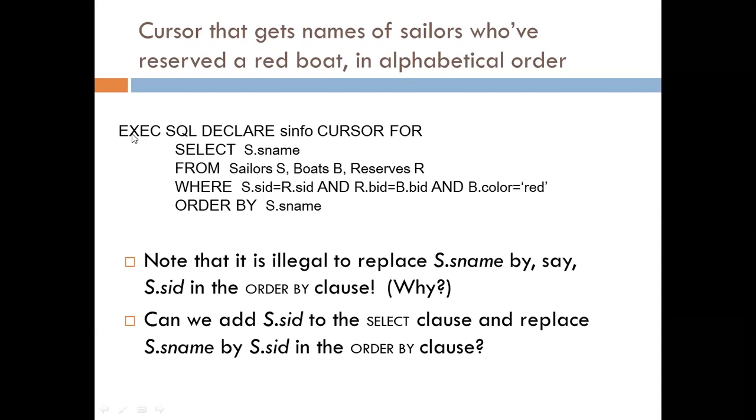But the command here is exec SQL declare, sinfo is the name of the cursor, keyword cursor for this particular query. So select name of the sailor from sailors, boat reserves. These are the tables, they are joined, and then we are extracting its name.